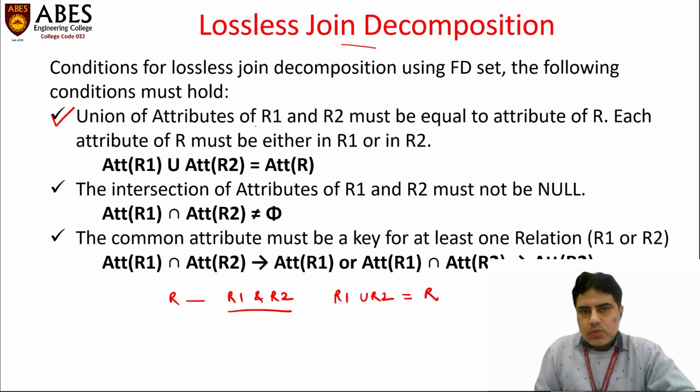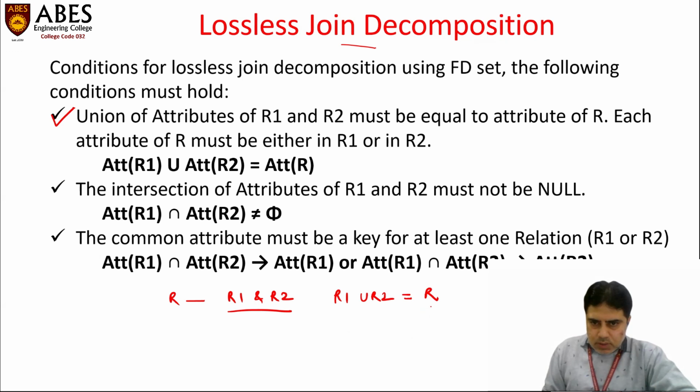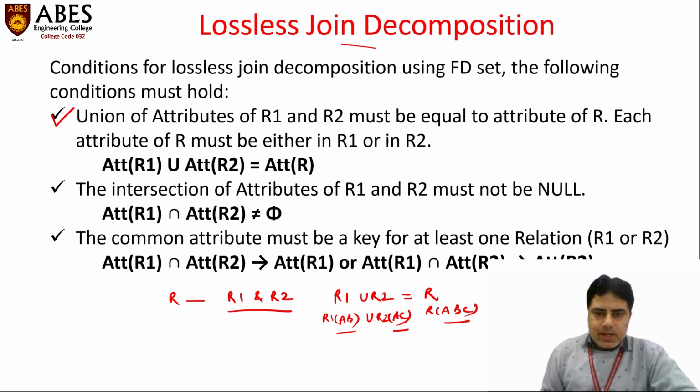The union of the attributes of R1 and R2 must be equal to R. For example, we have decomposed the relation R, which is ABC, so R1 is AB and R2 is AC. The union of attributes is equal to R.